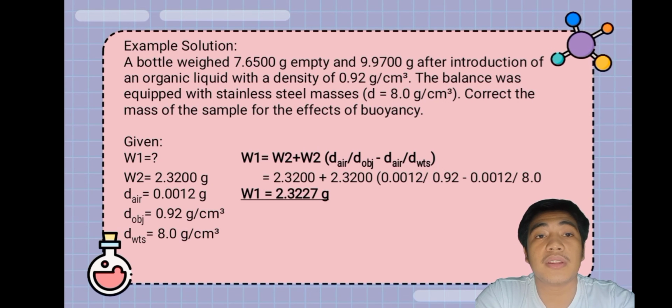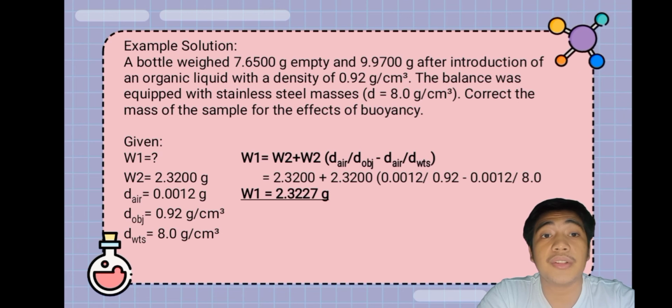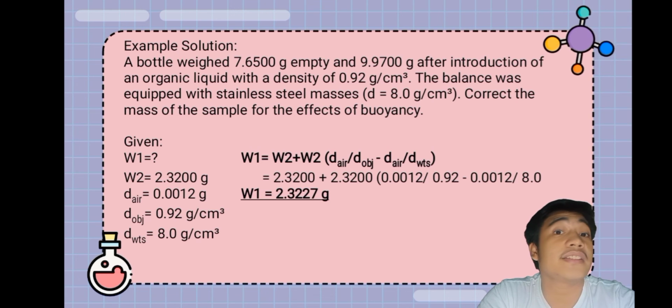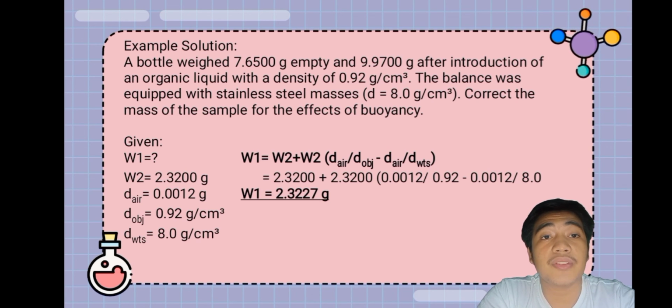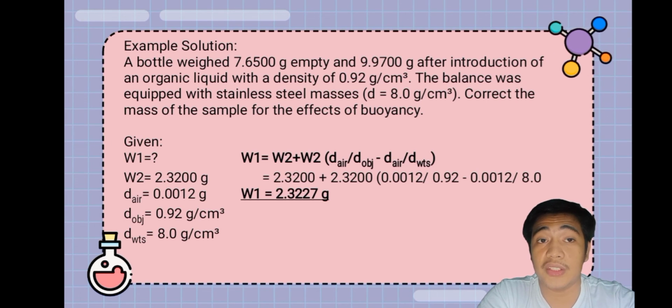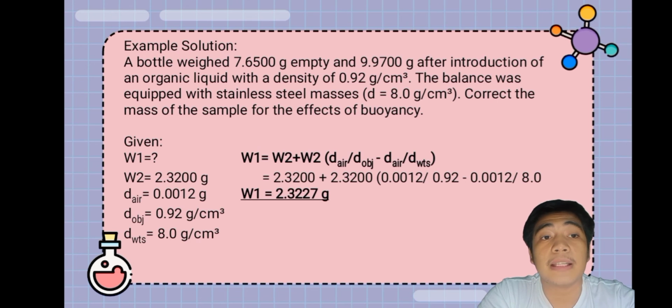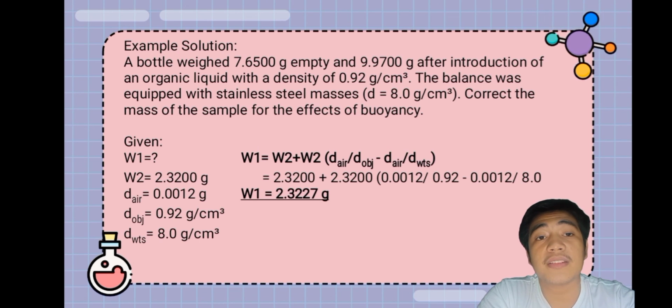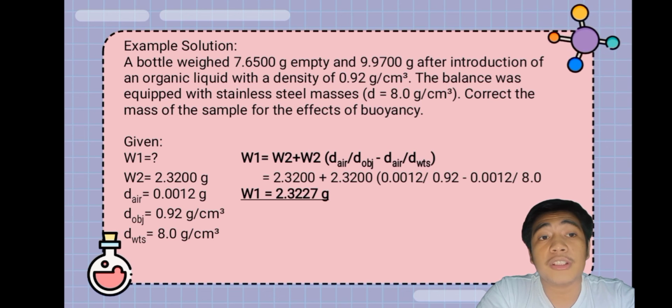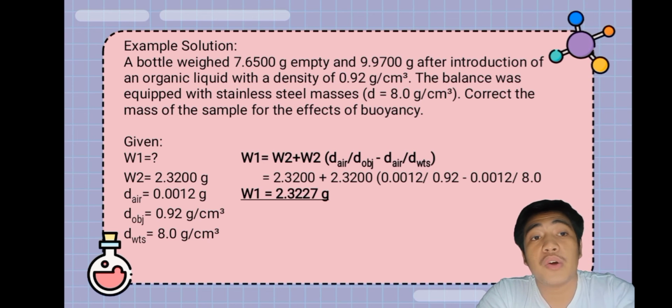By substituting 0.0012 grams per cubic meter for the density of air, 0.92 grams per cubic meter for the density of the object, and for the density of the masses, we have 8.0 grams per cubic meter. Then we will follow the given equation: W1 is equal to W2 plus W2 multiplied by d air over d object minus d air over d WTS.